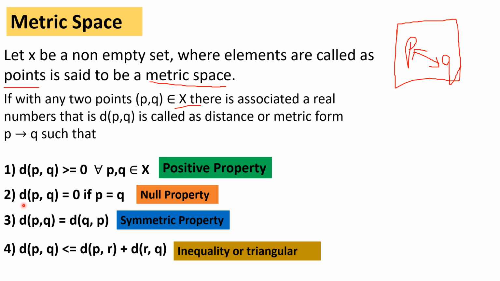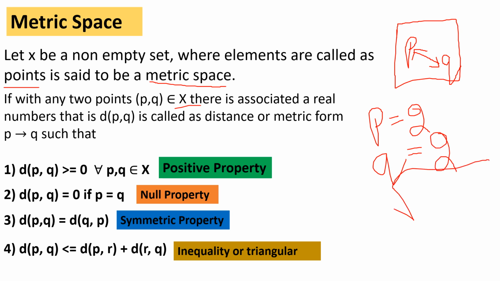When p is equal to q, the distance between the two points will be 0. For example, I think there is no need to explain the example, you can easily understand. If p is equal to 2 and q is also 2, then how is the distance between the two points calculated?